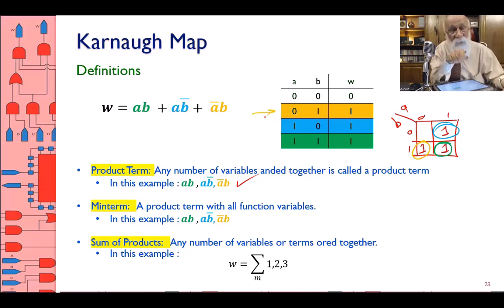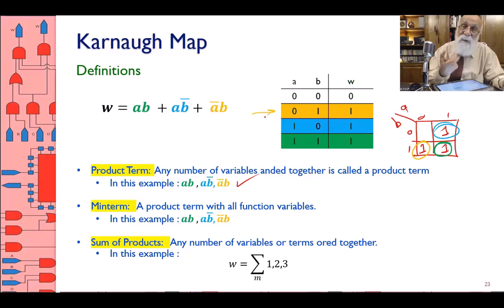Every product that I directly read from my truth table has all the variables of my function. Because this is the way I read, right? I say, okay, A is 0, B is 1, C is 0, D is 1, and therefore I say A bar, C bar, and form the product term.